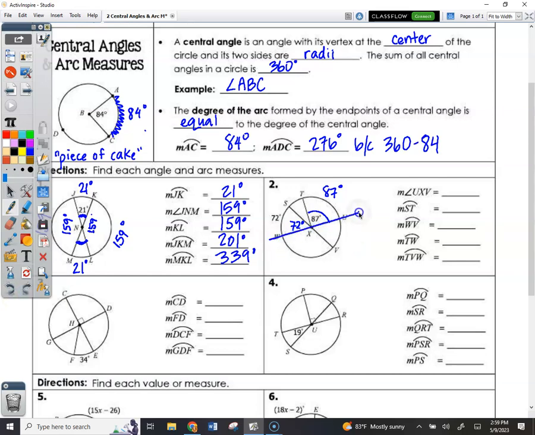Here's the diameter. There's a semicircle. I know 72 and 87, so I have enough to find arc ST. 180 minus 72 minus 87 will leave me with arc ST. Did you get 21?